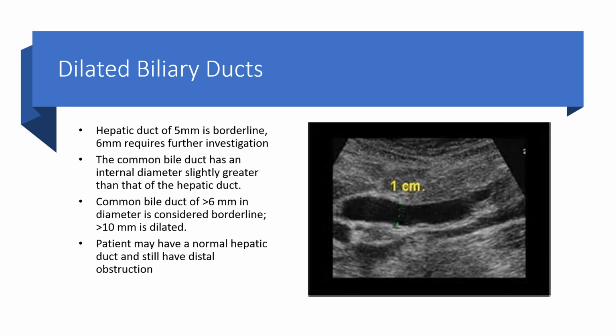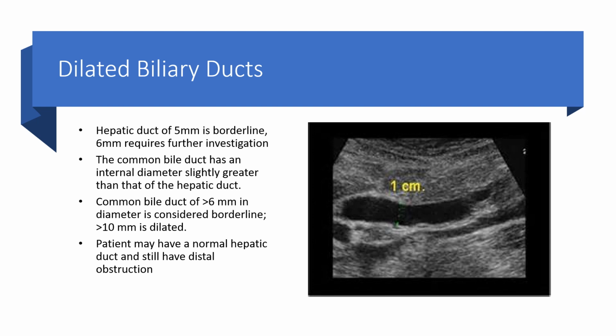And remember, the common bile duct is going to increase with every decade of age. So common bile ducts of greater than 6 millimeters is considered borderline. You want to take into account have they had a cholecystectomy and what is their age. If it's greater than 10 millimeters, it is definitely dilated.